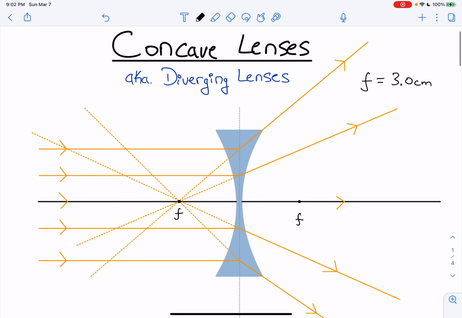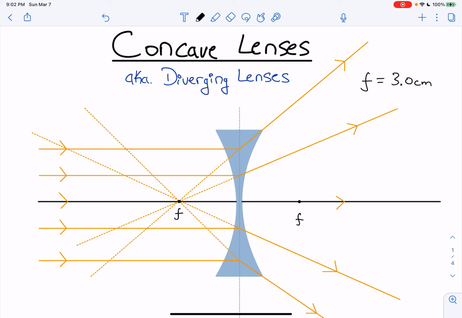Now, we can use the focal length in the same way as a convex lens to describe how strong that lens is. That's going to be dependent on the material that the lens is made of. If we make it out of something with greater density, with a larger index of refraction, we'll have more divergence between those light rays.